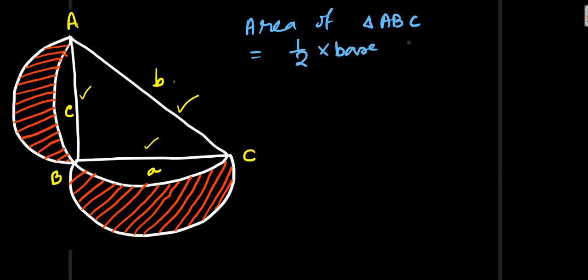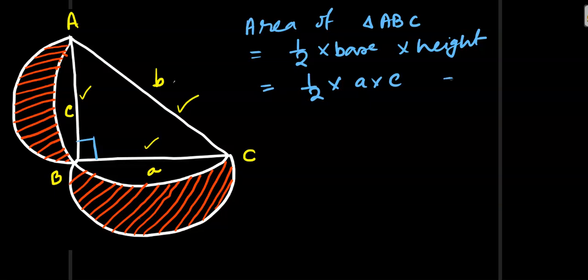So the area of the triangle is equal to half into base into height. This is a right angle triangle. So the area is half, where base is A and height is C. The area of this triangle is half AC.